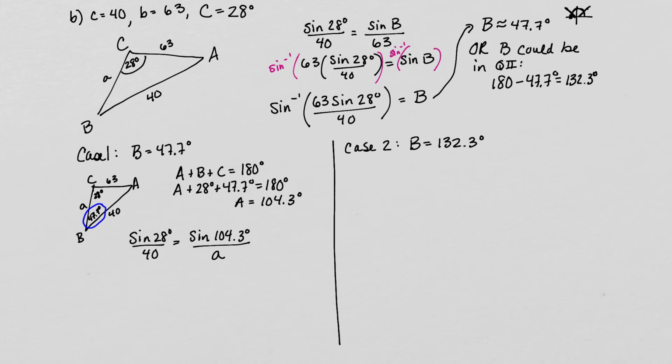So cross multiply. a sine 28 degrees equals 40 sine 104.3 degrees. Divide both sides by the sine of 28 degrees. a is going to turn out to be roughly equal to 82.6.